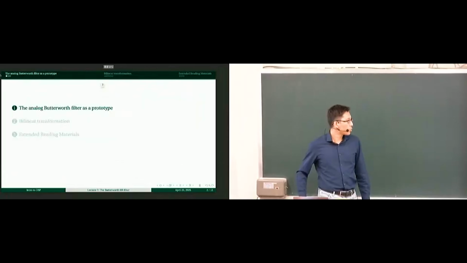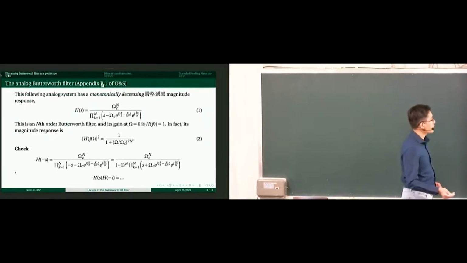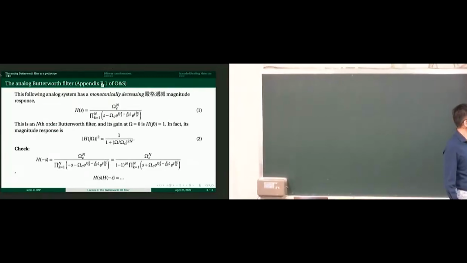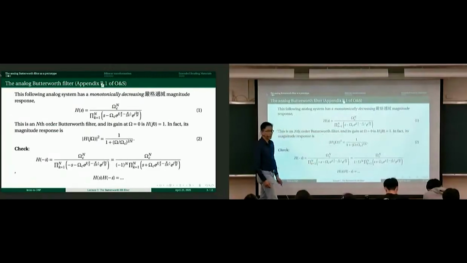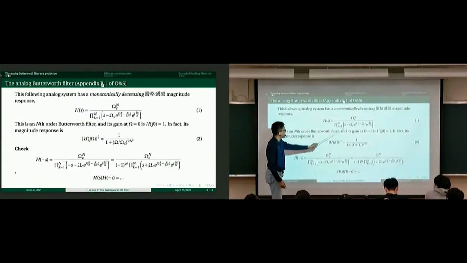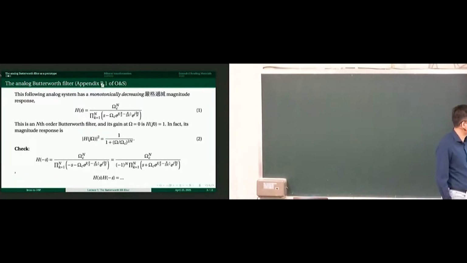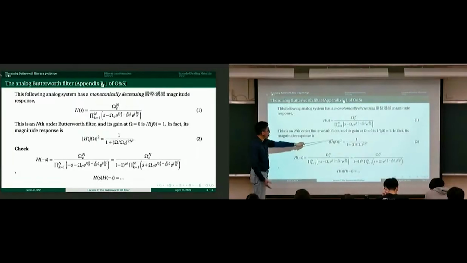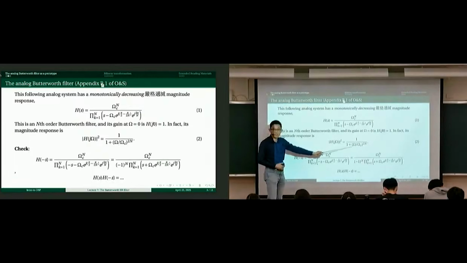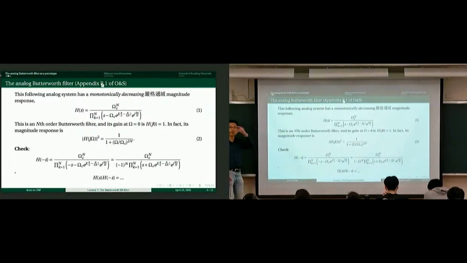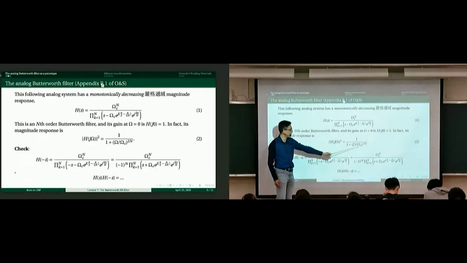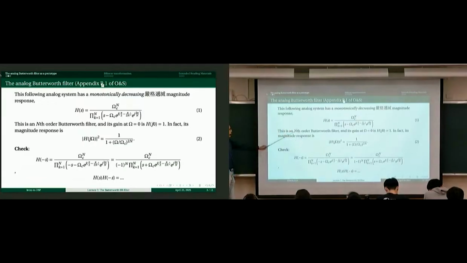We have seen that if you arrange a transfer function in the S domain, putting several poles around one circle with a radius of omega c, in the S-plane, not the Z-plane yet, just the S-plane, you place the poles like that, then you can show that the magnitude square as a function of frequency has a very nice expression, which is monotonically decreasing with the corner frequency exactly placed at omega c. That's a fairly nice property, and here n denotes the order.